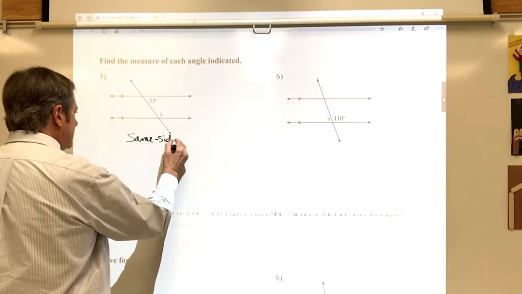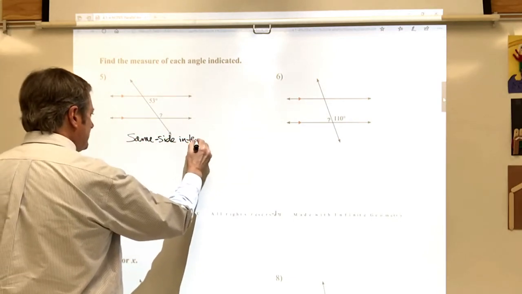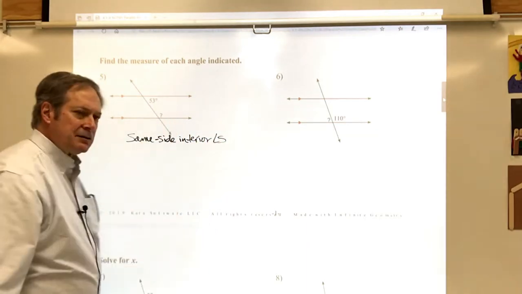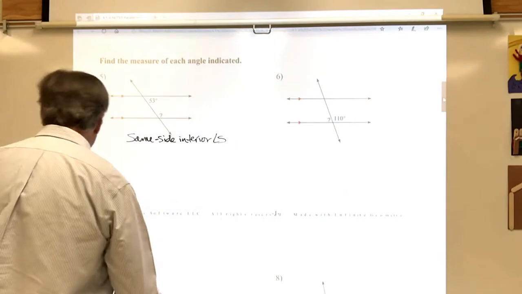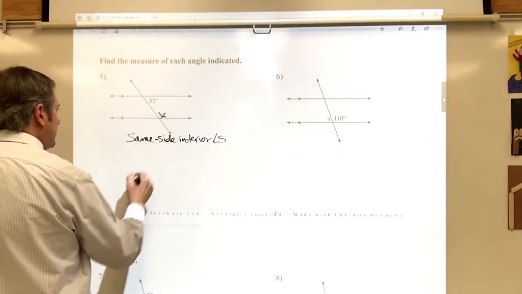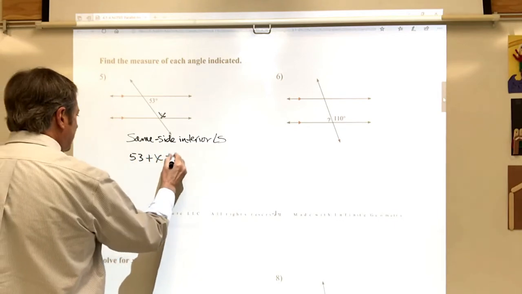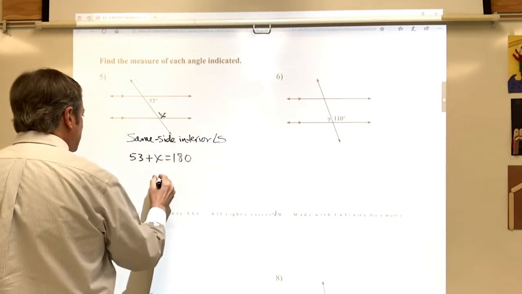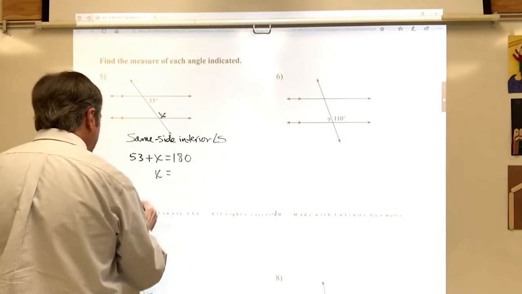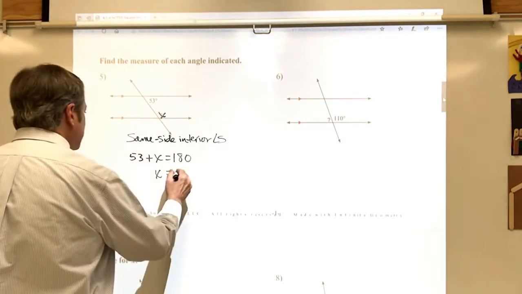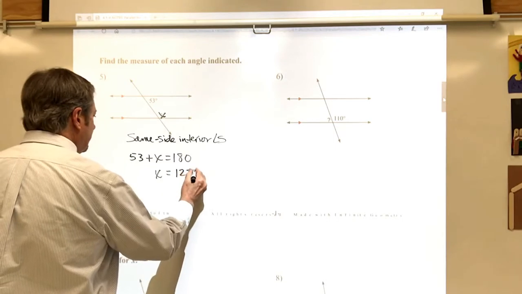Same side interior angles. And they are not congruent, they are supplementary. So let's call that one x. So we can say 53 plus x is equal to 180. Subtracting 53 from both sides, and we get that x is 127 degrees.